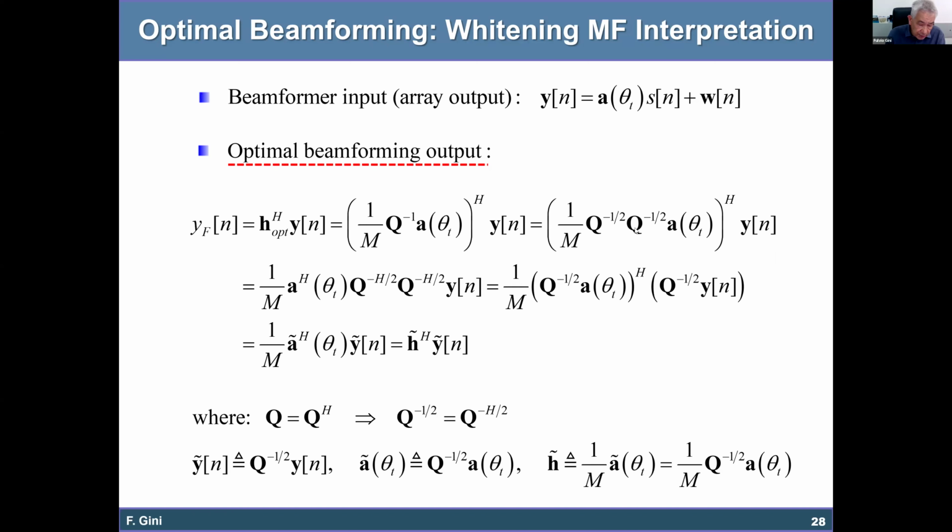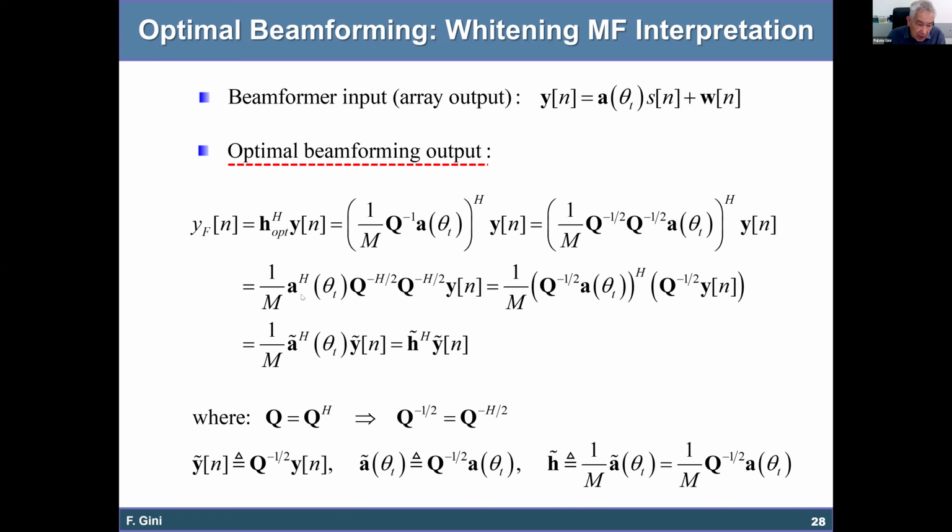This is possible also for a matrix. It can be done in MATLAB just with the command sqrt. Then we calculate the Hermitian, so we get A Hermitian, the Hermitian of Q to the minus 1 over 2, times the same, times Y.